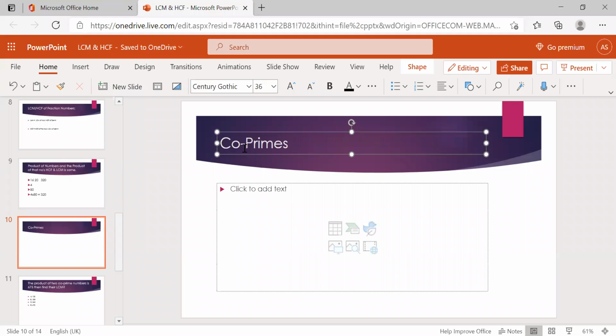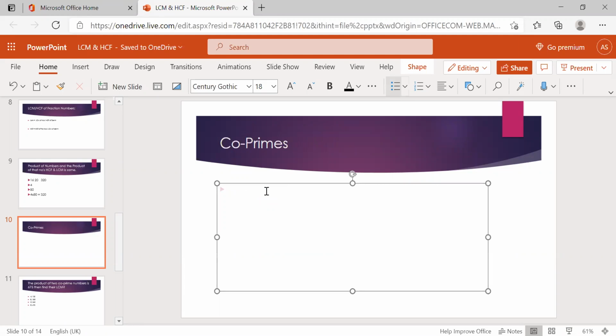Co-prime numbers. What are co-prime numbers? I think everyone knows this one. If the HCF of any numbers is 1, the numbers are called co-primes.